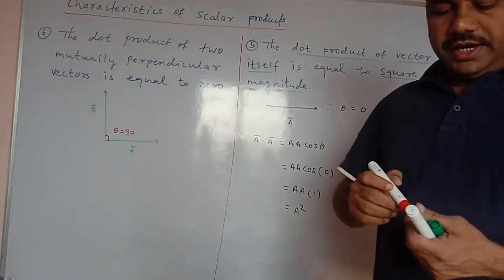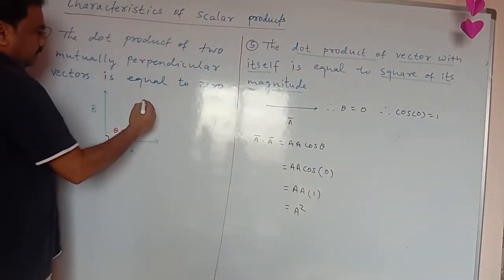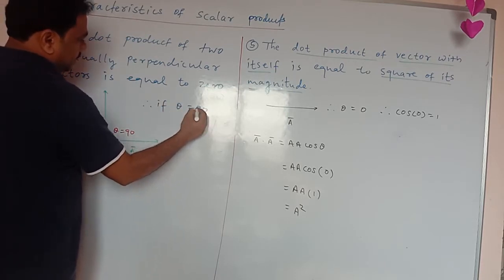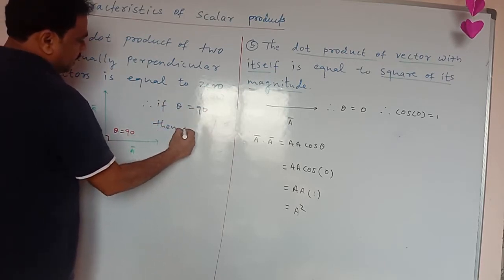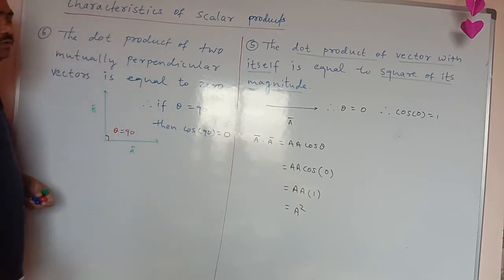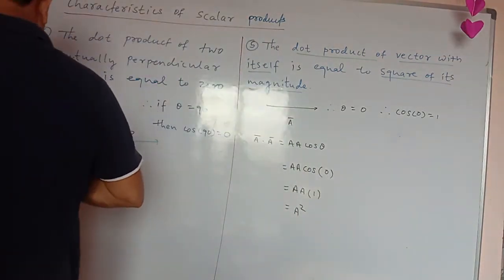If theta is equal to 90, then what is cos 90? We know the value of cos 90, that is 0.